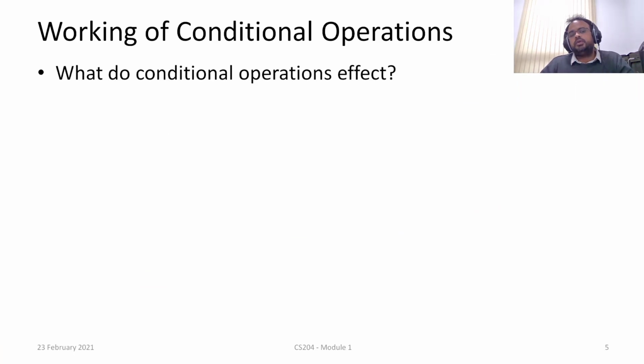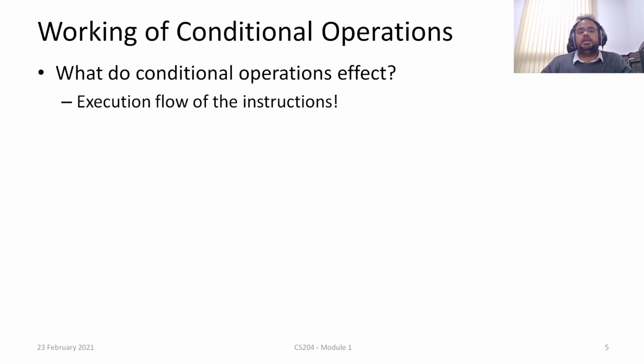Now, how do these control instructions or the conditional operations affect things? They change the execution flow of the instructions. Instead of always going sequentially, we either go to the sequential instruction or we can go to some other place. That's the basic functionality of these control instructions. Now, how do we do it?